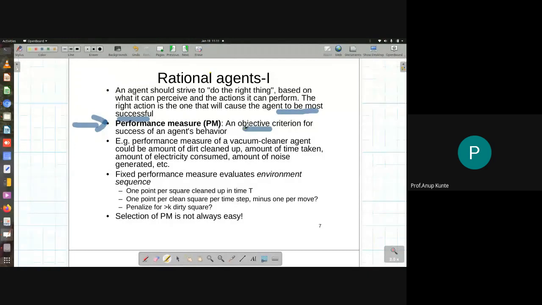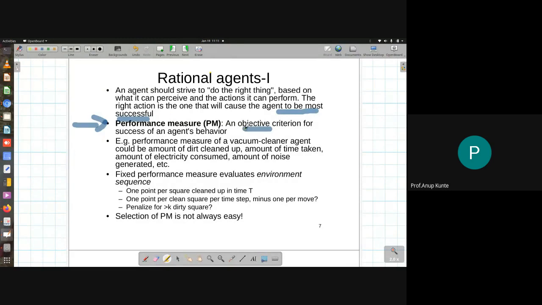Okay, so in this vacuum cleaner world, what could be the objective criteria for the performance measure? One could be how many times I performed the sucking operation in a day or in a given period of time. That means how good I am at cleaning the dirt. Second objective criteria could be, since we are talking about an appliance that is doing things autonomously and is able to navigate from one room to the other and suck the dirt, it will have a certain kind of electrical supply using some battery or some sort of a socket.